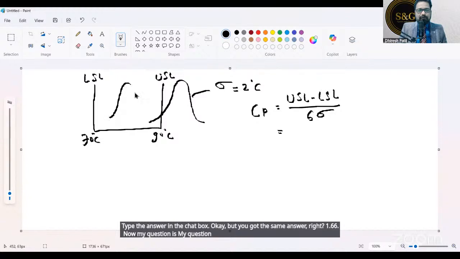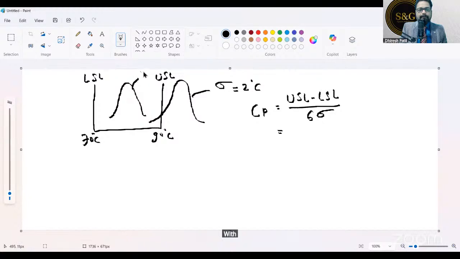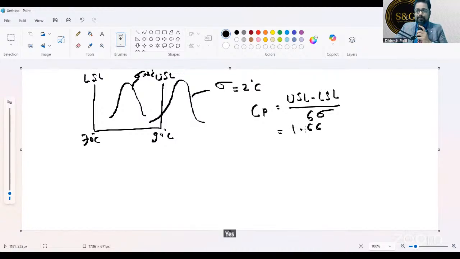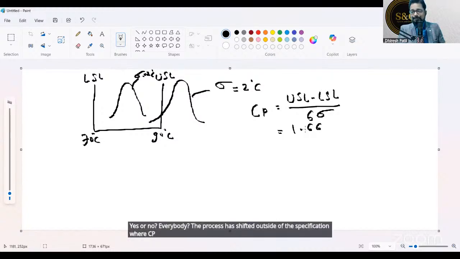when the process was here with 2 standard deviation sigma, and the process is outside of the specification limit, my Cp number is 1.66 only. Yes or no, everybody? The process has shifted outside of the specification, but the Cp number is the same. Are you understanding?